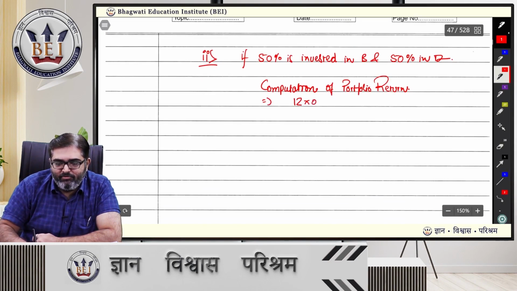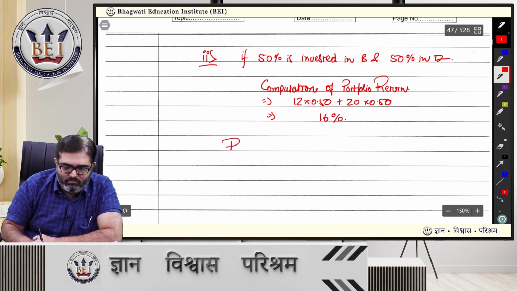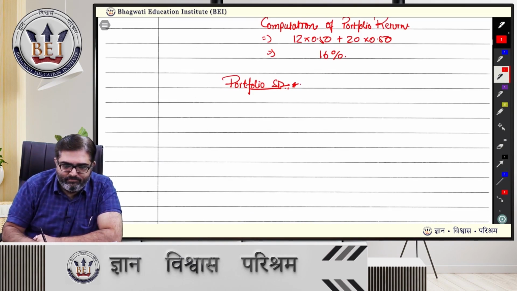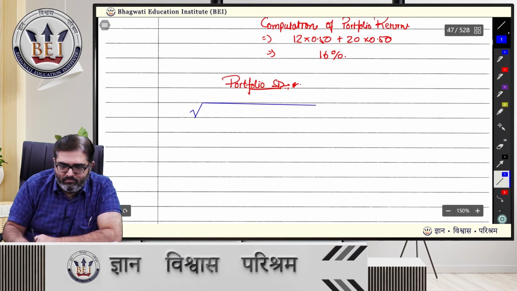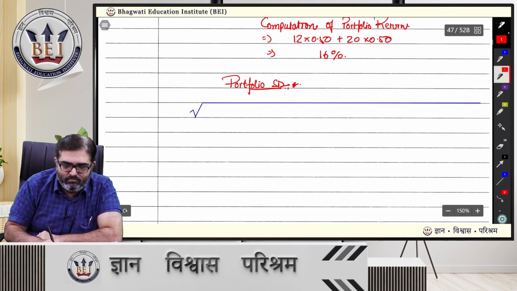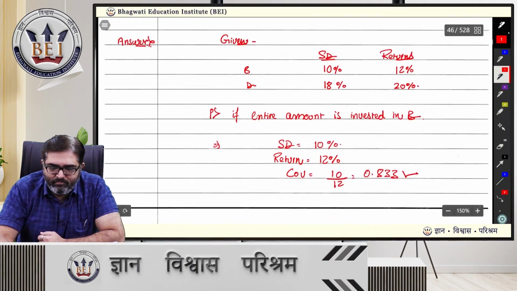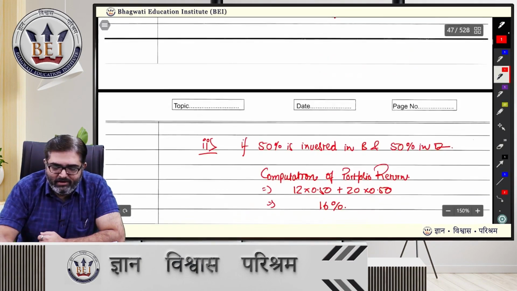So it's 12 into 0.5, as easy as it gets. Portfolio SD. What are the SDs of B and D? 10 and 18.